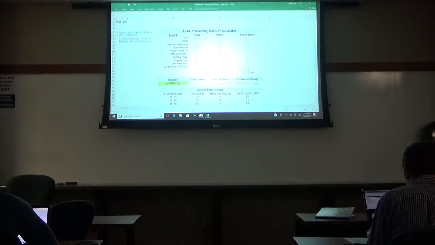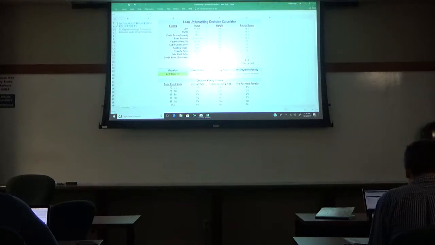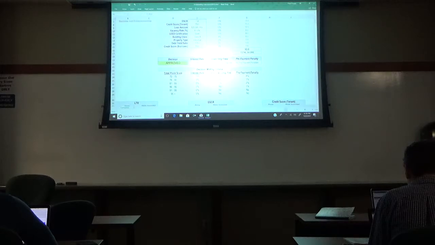So basically the way we did this, anything over a total score of 70 we accepted, anything below we would decline. As you can see from our decision-making criteria, here was a table, and whatever your total score was, it self-populated based on where it was in these boxes.